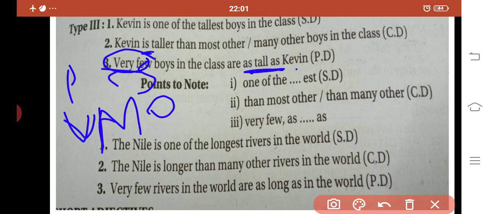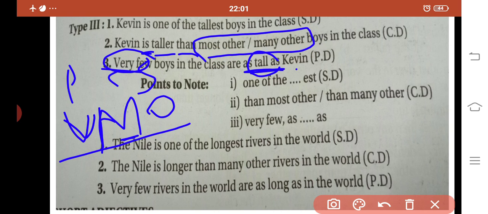Kevin is. This adjective word tall became taller, and then we have to put the bodyguard than. Here we have a VMO method now, so we are using the words many other here. Many other or most other.